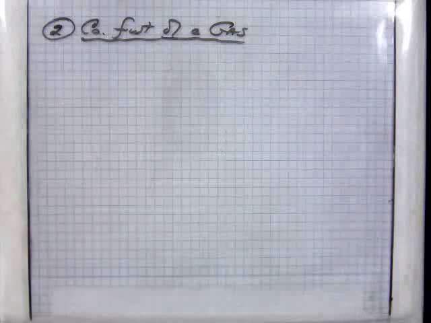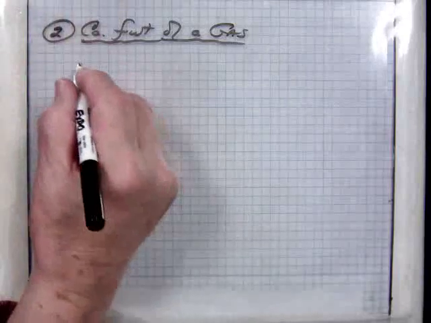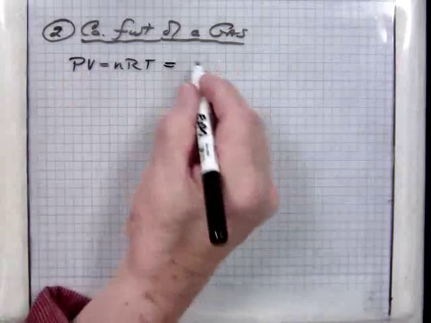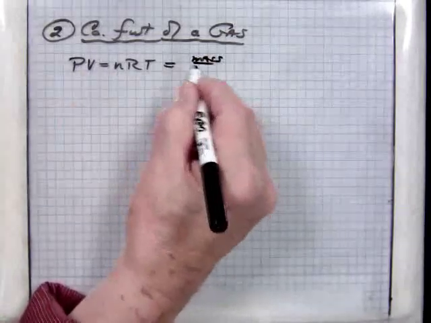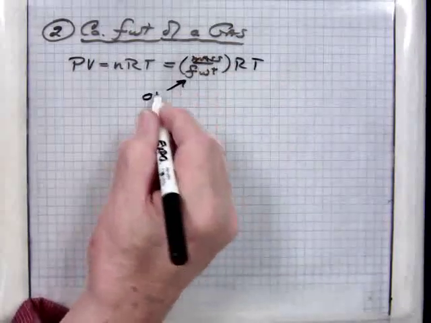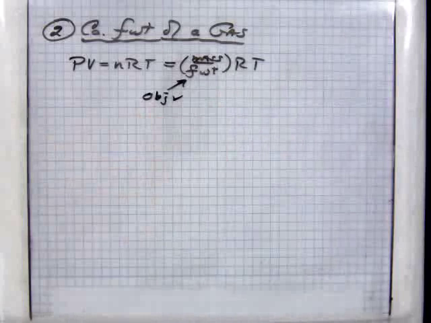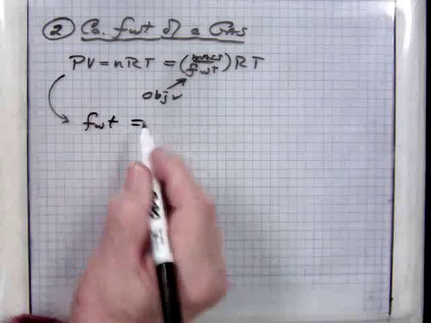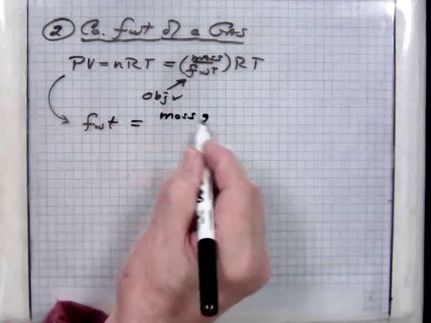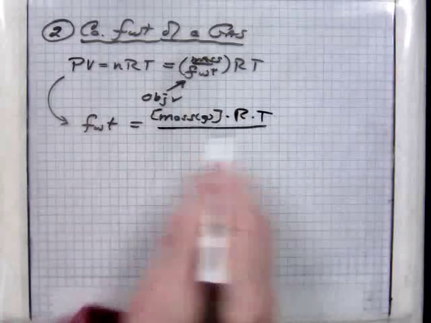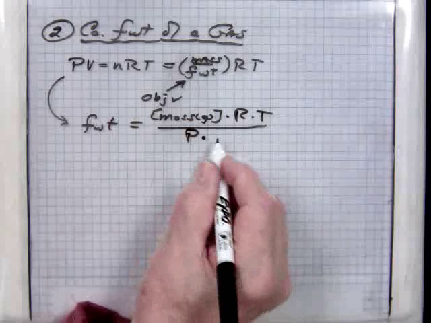Okay, formula weight of a gas from the ideal gas law. This one's much easier than the density thing. So we start with PV equals nRT. We do the same thing, substitute mass over formula weight, RT. Well, that's the objective right there, just solve for formula weight. And so this will give you formula weight is equal to mass in grams times R times T over pressure in atmospheres times volume.